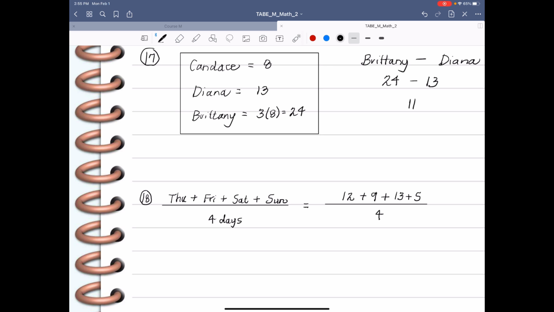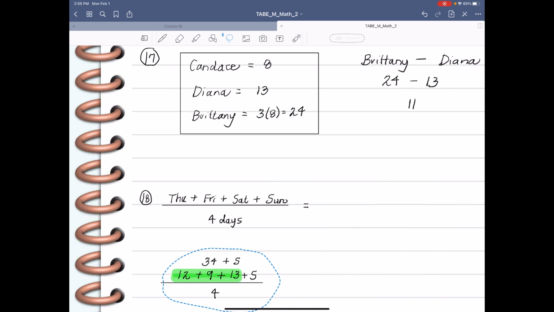So let's go ahead and simplify a little bit. I'm going to take these numbers and combine them. We can add those up. So 12 plus 9, that's 21. 21 and 13, that would be 34. Plus whatever she gets on Sunday divided by 4. And we want that to equal, actually, here's what I should have done, guys.